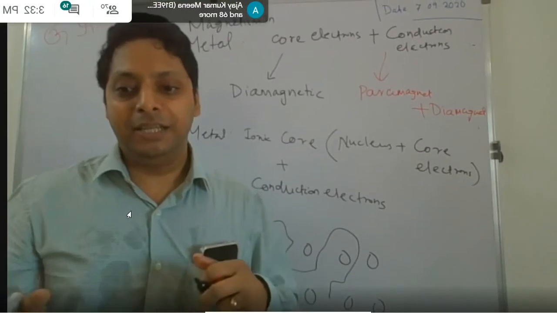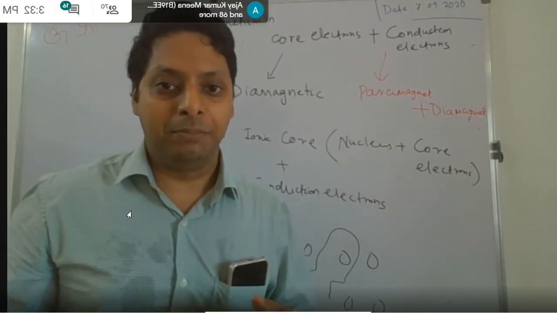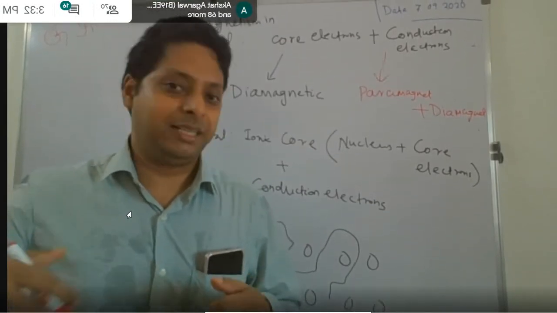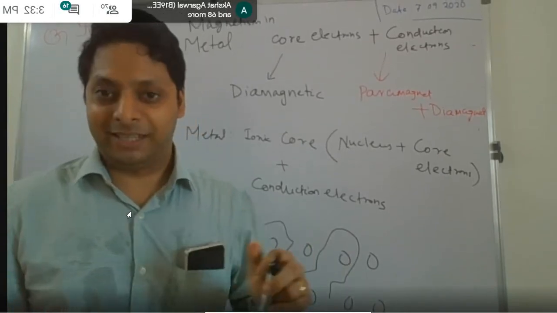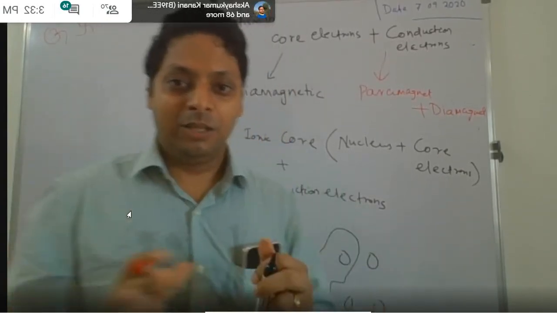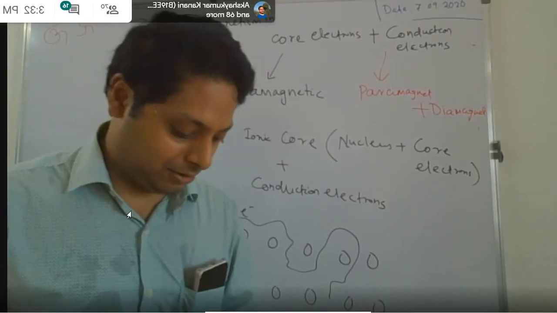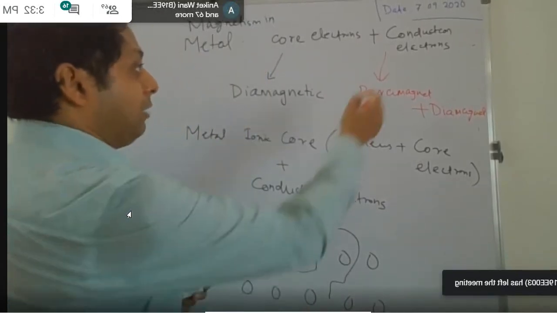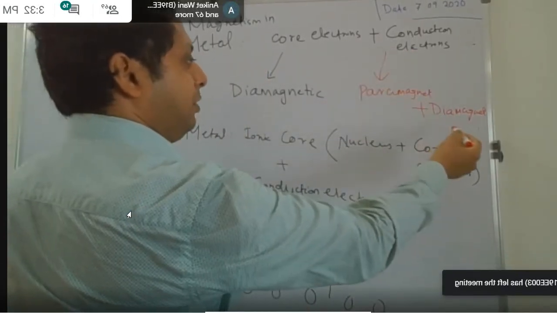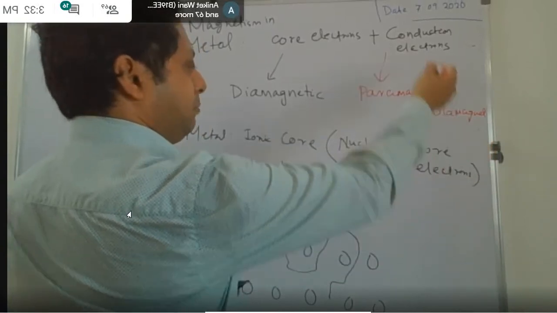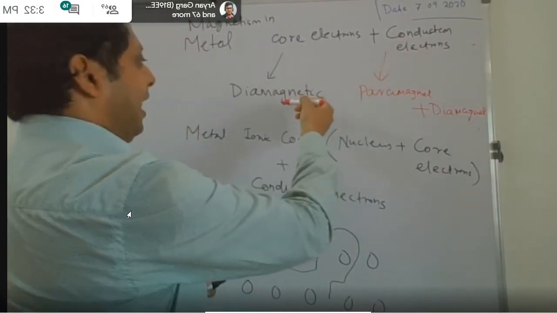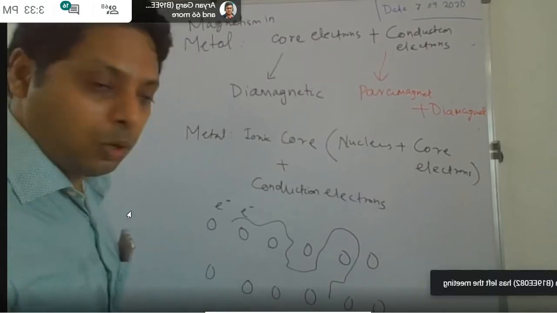It may be diamagnetic, or paramagnetic, or ferromagnetic, but it is magnetic. So you will have a paramagnetic contribution and a diamagnetic contribution from the conduction electrons, and a diamagnetic contribution from core electrons.